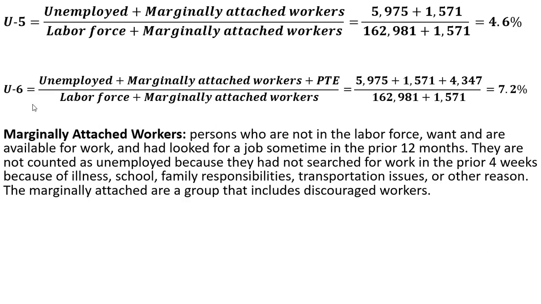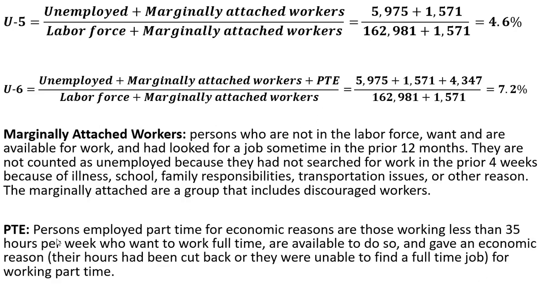And our final alternative measure of unemployment is called U6. It is broader yet. The difference between U6 and U5 is this PTE. PTE are persons employed part-time for economic reasons, those that are working less than 35 hours per week but who want a full-time job.